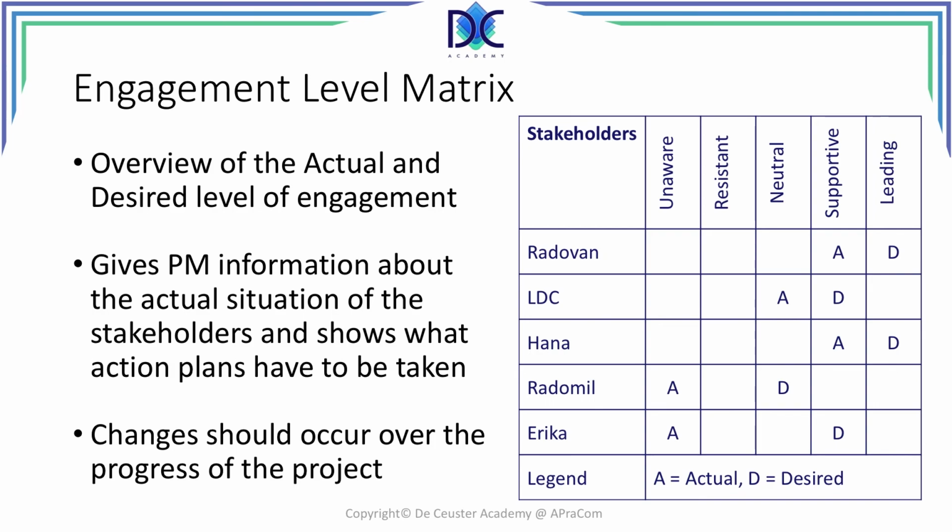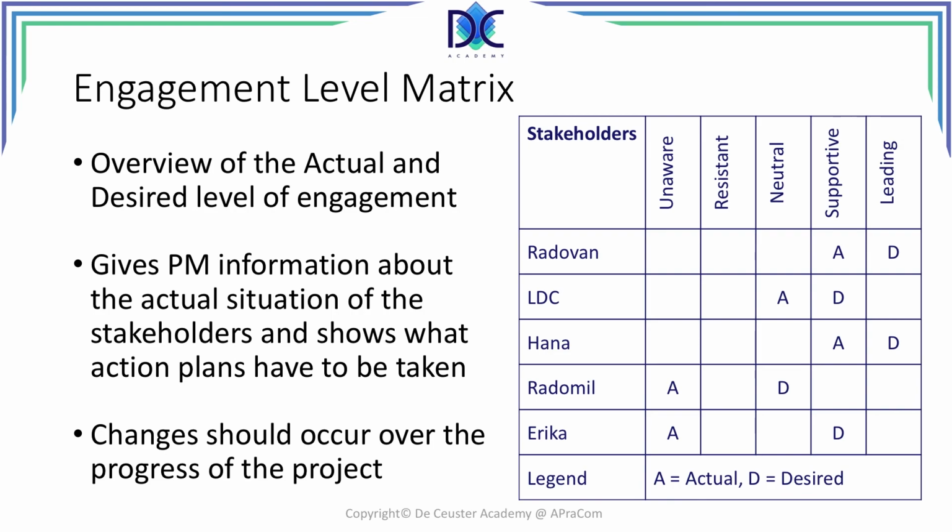Let's have a look at the engagement level matrix. The engagement level matrix is in fact a matrix representation of the stakeholders and their level of engagement. Let's have a look at Radovan.